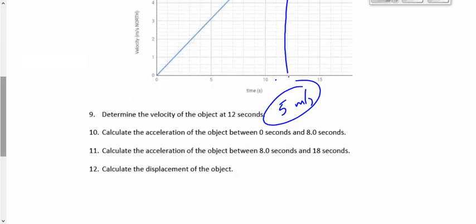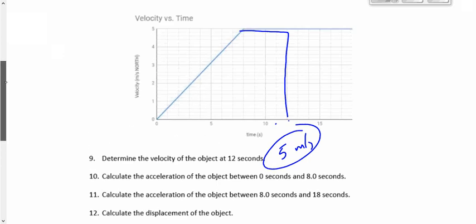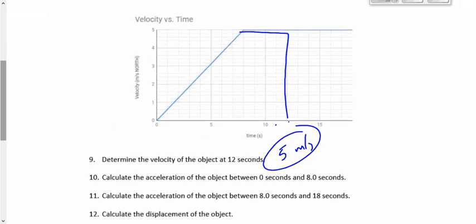The acceleration between 0 and 8 seconds. This is the first phase. I'm going to say delta V over delta T, but you also could have said a is equal to delta V over delta T, or the slope. Same thing. Whatever way you prefer to think of it works here.